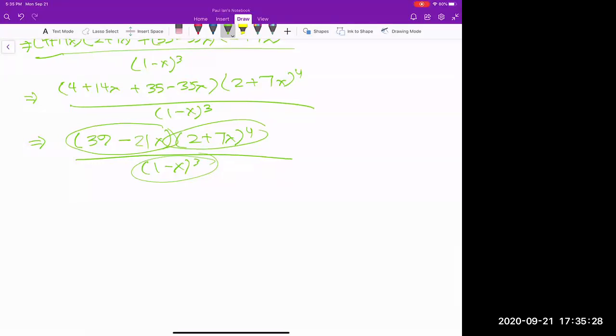Yeah, you could technically factor out a 3, but I don't think you need to do that one. It's not really simplifying.